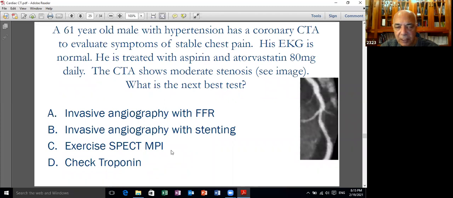But between 0.6, 0.7, or 0.8, it's of no value. And at the present time, it's not available everywhere. It's only available from a company in California. Even in the States, they send it to this company and receive the result after a few days. So if you have an intermediate severity, you have to go to a functional test.